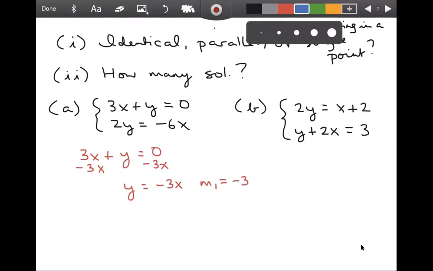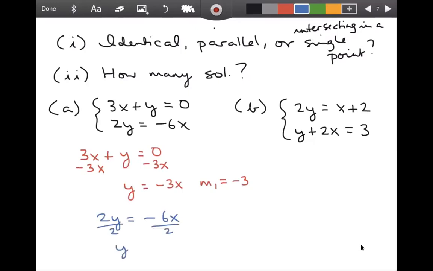And then 2y equals negative 6x. Divide both sides by 2, you get y equals negative 3x. That is not only the same slope, but those are the same equation. Okay, so this is another one of those cases where the 2 lines are exactly the same.